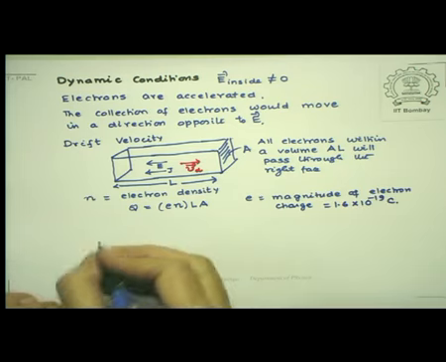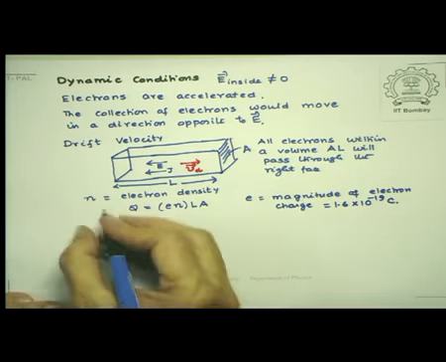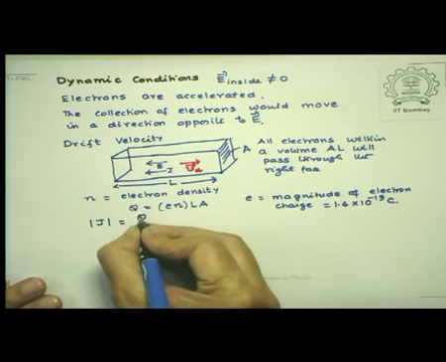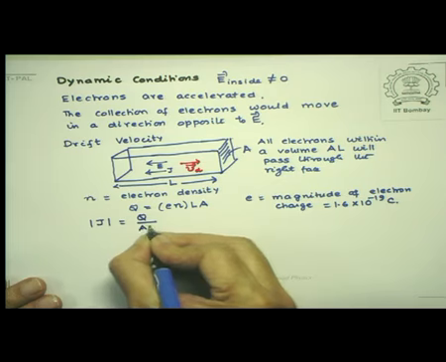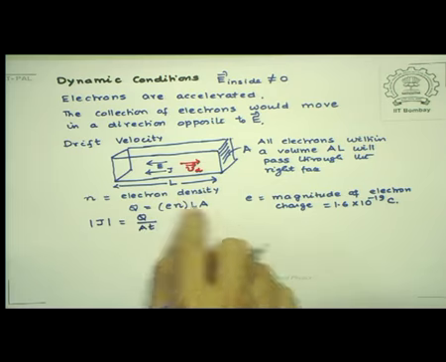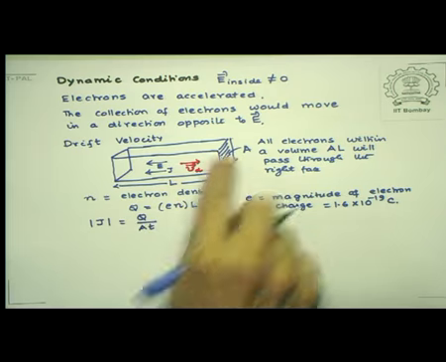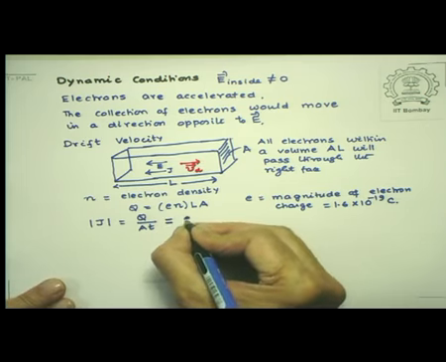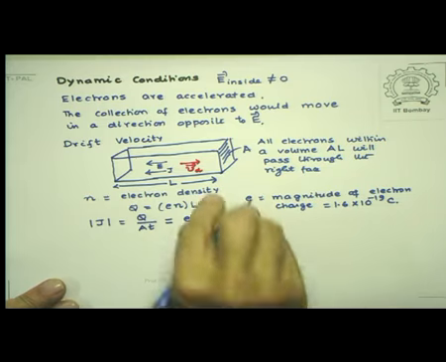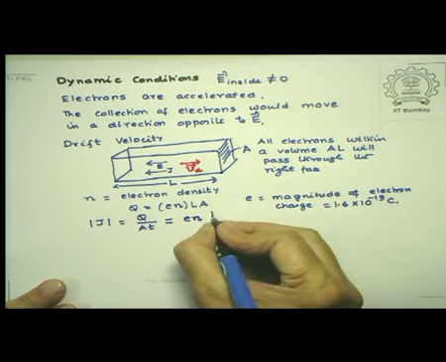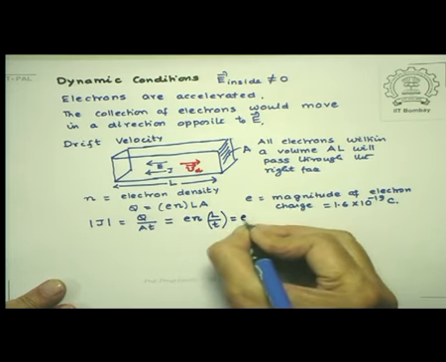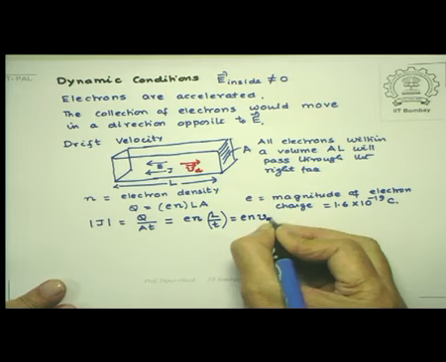Therefore, the current density is given by Q divided by A times t. This is the amount that has passed through this surface in time t. So this is given by e times n. A has cancelled out. I am left with L divided by t. So that is e times n times the magnitude of Vd.